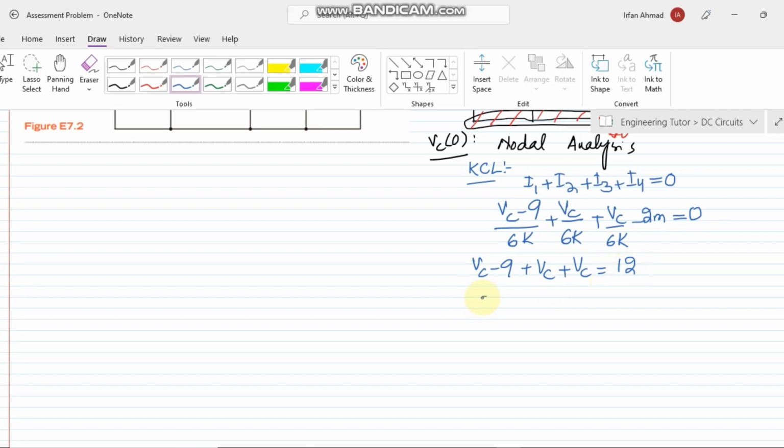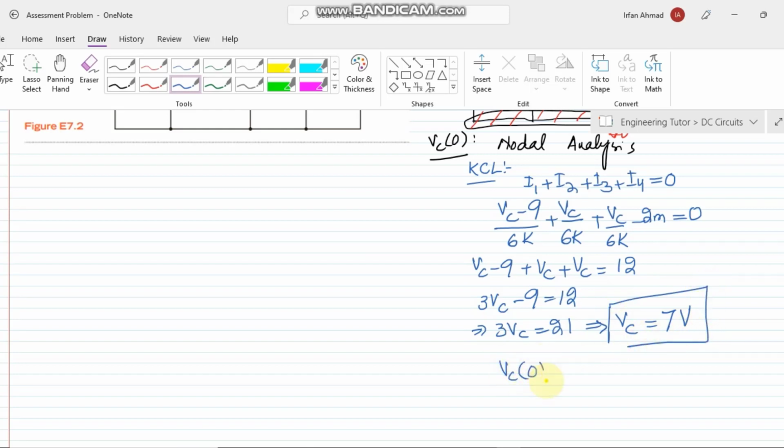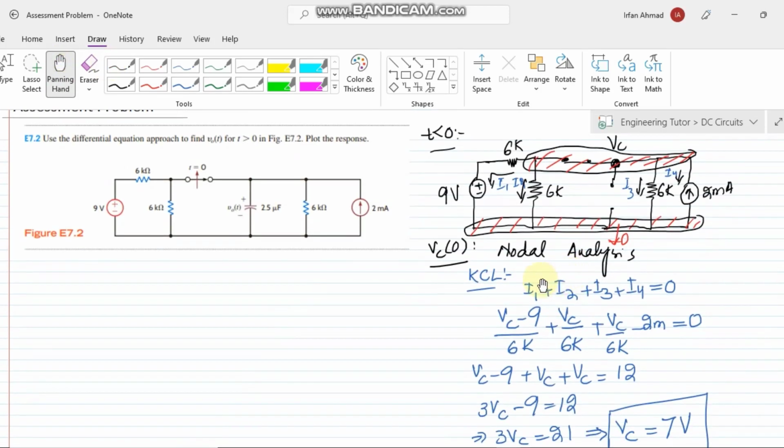Adding them together, this will be 3 VC minus 9 equal to 12, or 3 VC equal to 21, or the value of VC is basically 7 volts. So that is VC 7 volts, or I can also call it VC0 equal to 7 volts. That is the initial condition which we have found out from our switching condition.